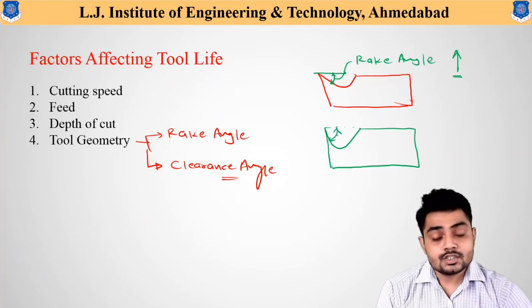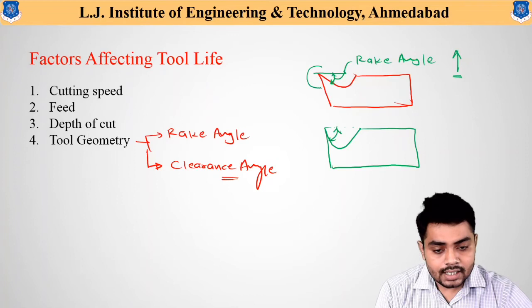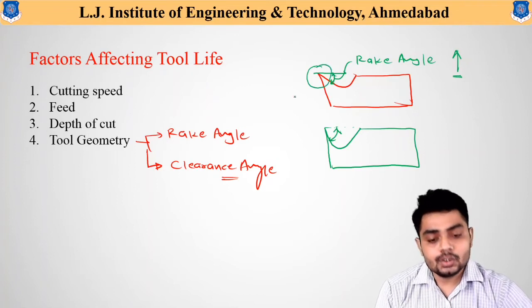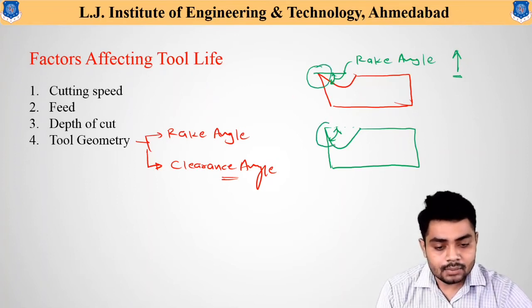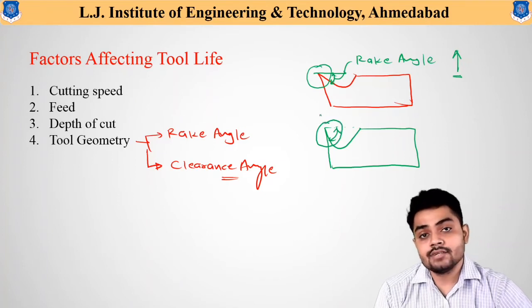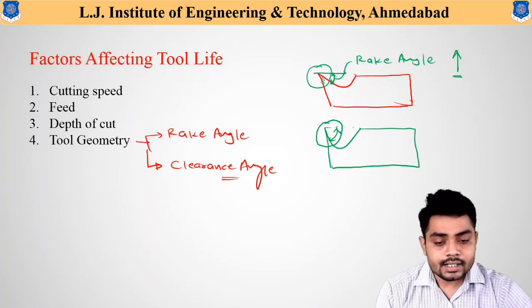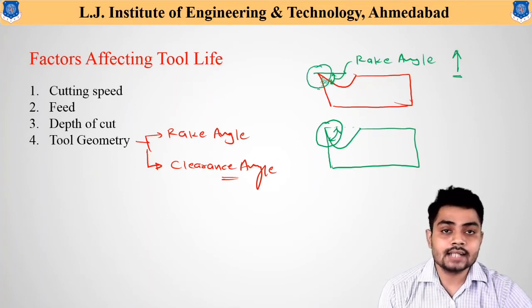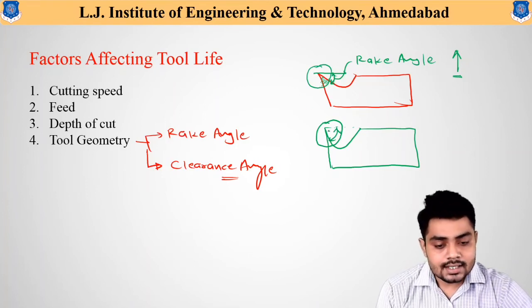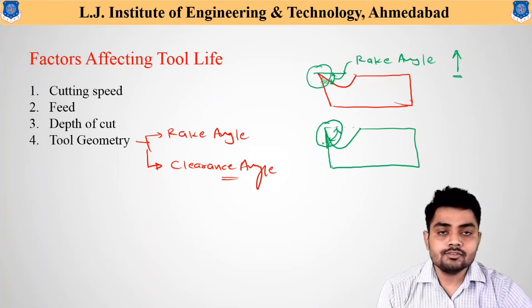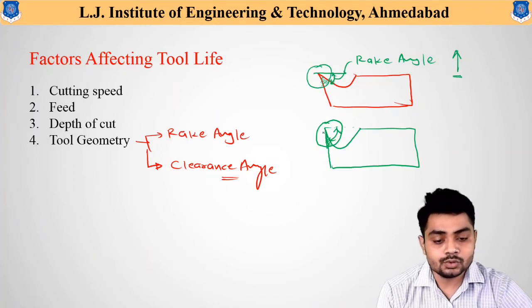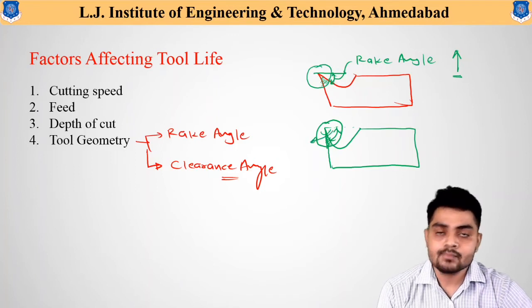As you can see, in this particular case the area available at the tip of the tool, and in the second case the area available at the tip of the tool, are different, and machining is taking place at that time. This area is comparatively more, so it can resist larger forces and power. Whereas in this case, the area available to resist the force is comparatively lower, so there is a chance that the tip of the tool is very sharp and may get blunt during the machining operation.